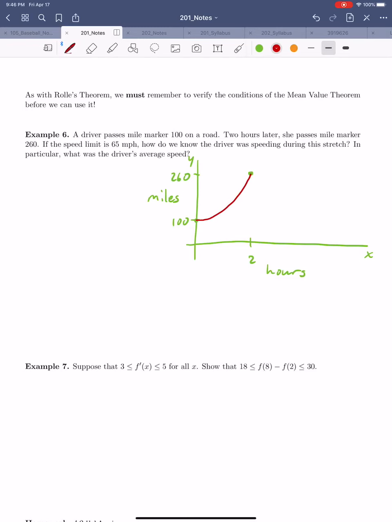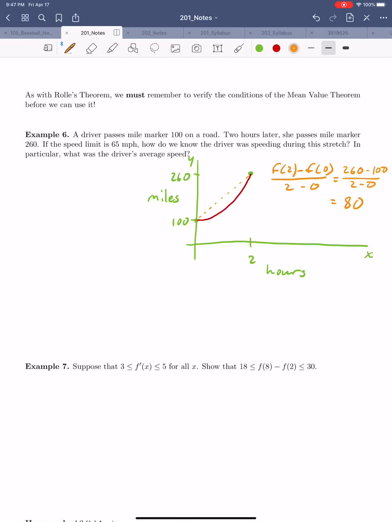Well, the officer again pulls us aside and says, look, your average speed was (f(2) - f(0)) / (2 - 0), which is (260 - 100) / (2 - 0), which is 80. That's speeding. Speed limit is 65 miles an hour.